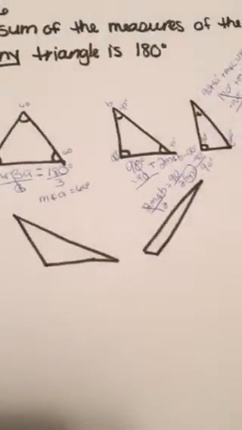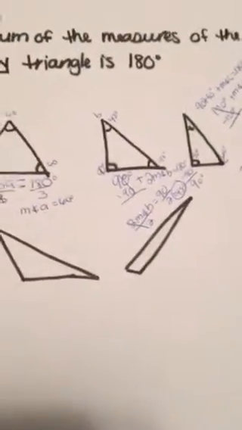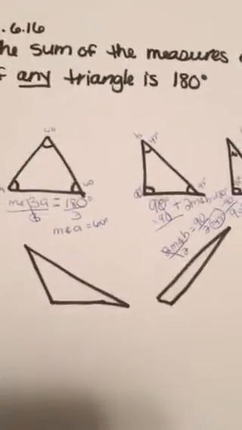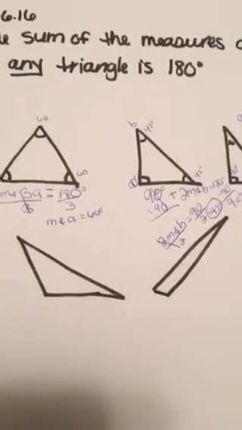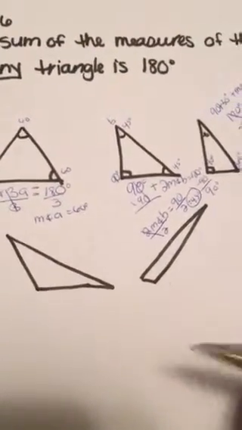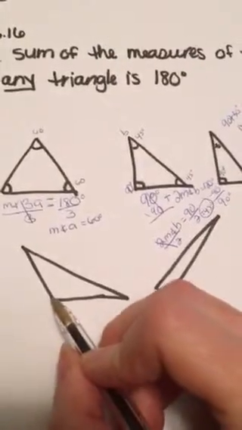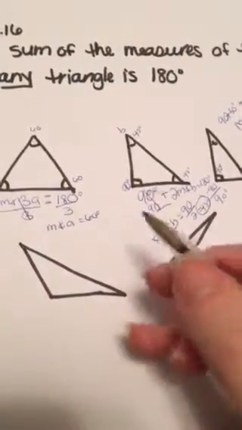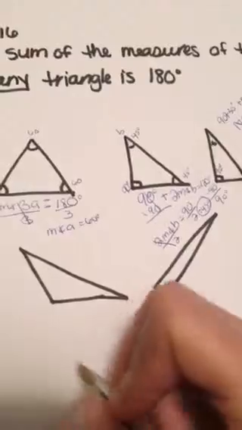With scalene triangles, we need to have the angle measures of at least 2 of the angles. Otherwise, we don't know what these angles are going to be. What I know here is that if I add angle 1 plus angle 2 plus angle 3, it's going to equal 180 degrees.